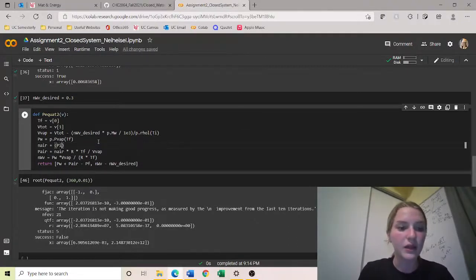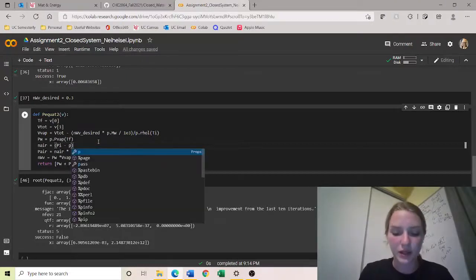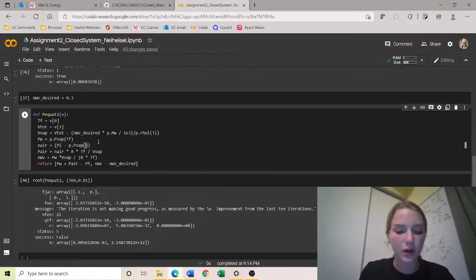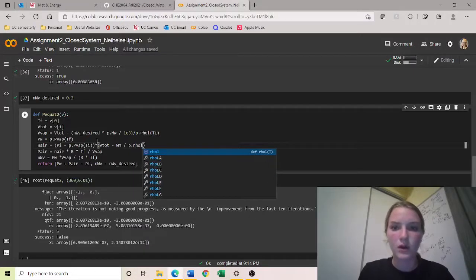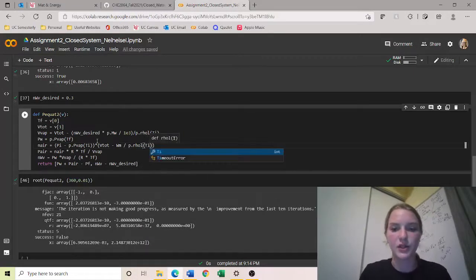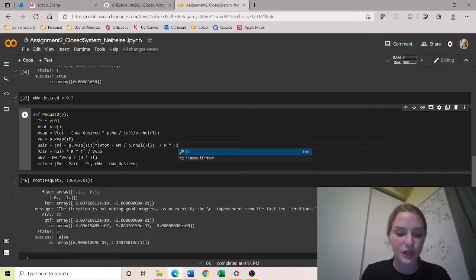So we have pi minus p dot p vape of our initial temperature, and then we have times our total volume minus the water mass divided by p dot rho of our initial temperature. And then we also need to divide this whole thing by R times our initial temperature.